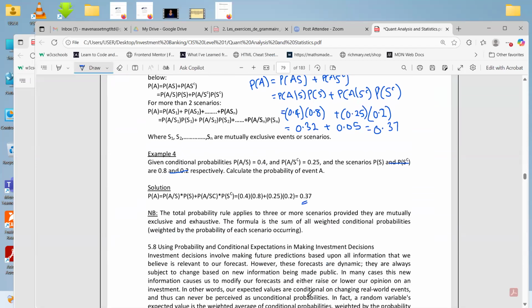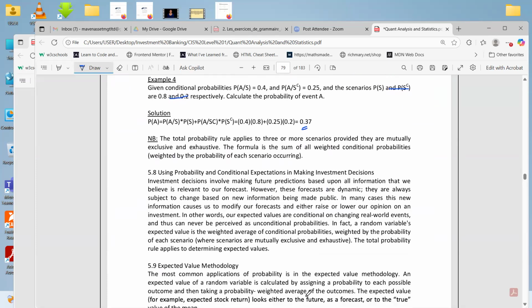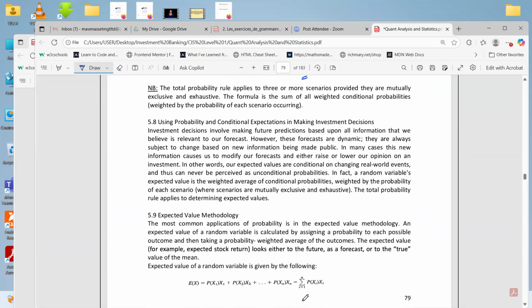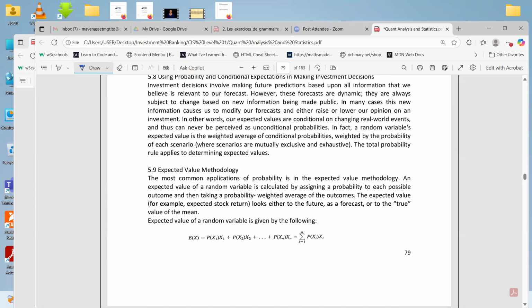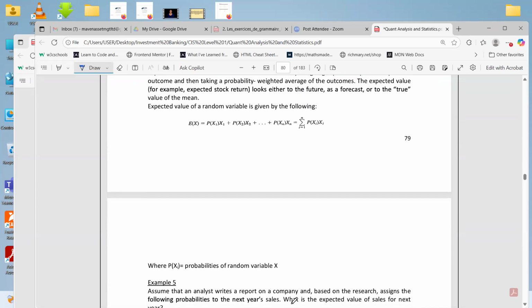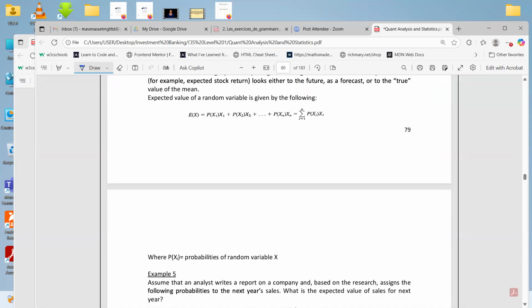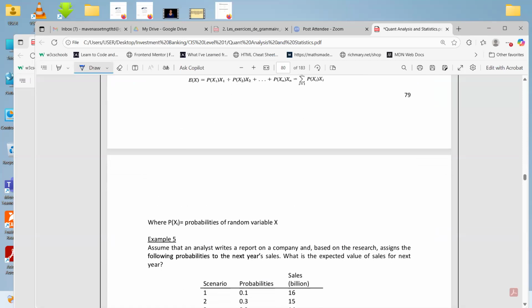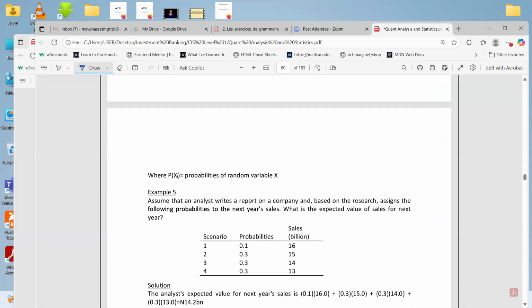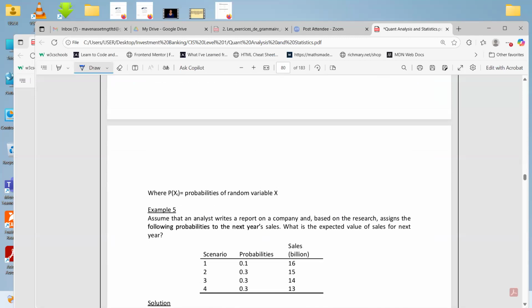All right, so we have quite a lot of theory notes to read here. Okay, so let's just move into example number 5 here. Oh, great.